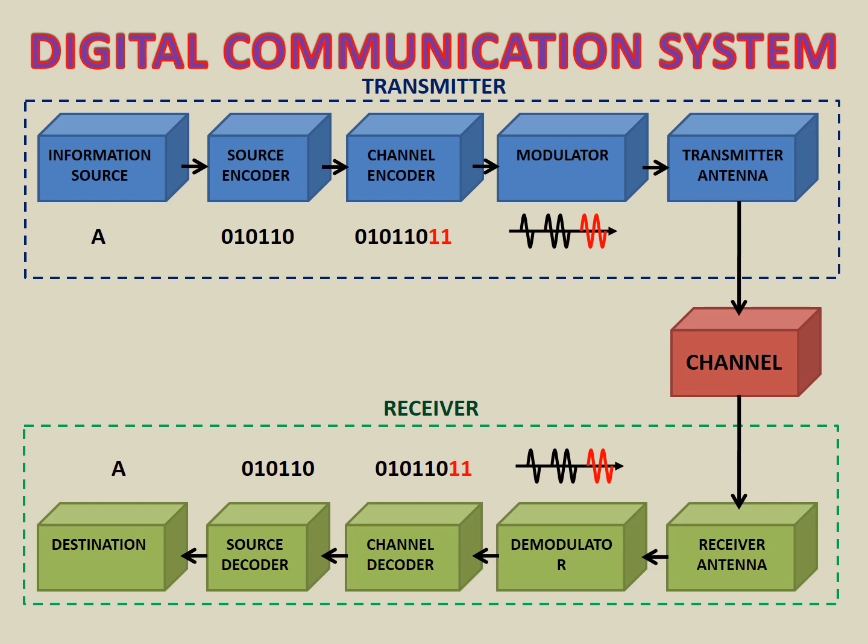Suppose here we add 2 bits as destination address, 1 and 1, at the end of the signal. Now the signal becomes 0 1 0 1 1 0 1 1. These two red color bits are added by channel encoder for destination address.